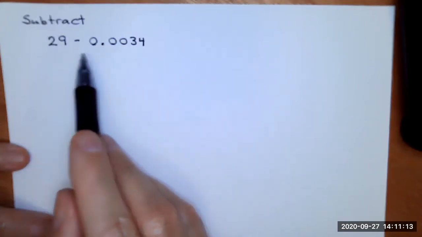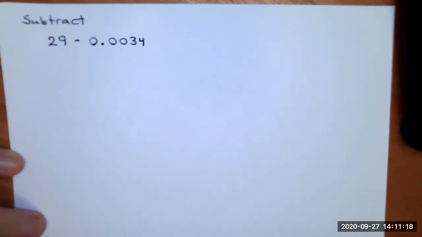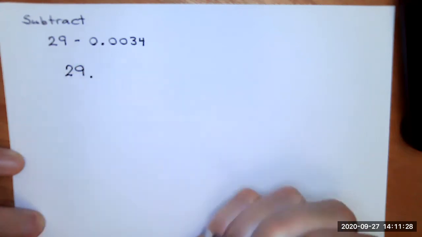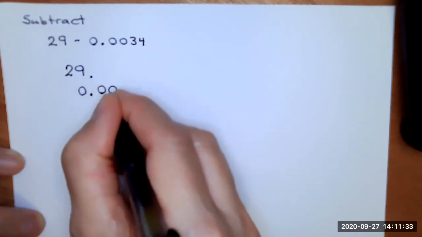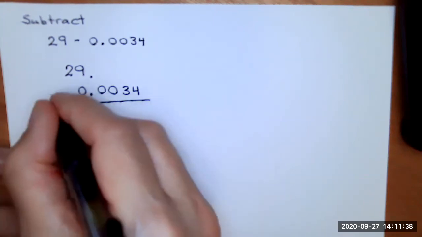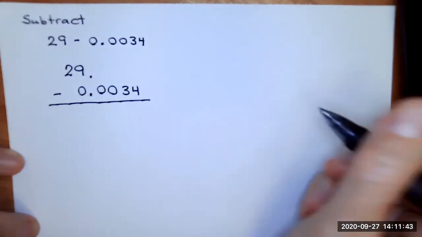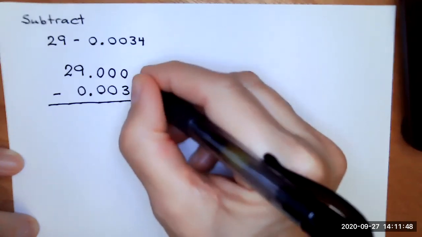All right, 29. Take away 0.0034. So this would be a good time to hit pause and try this one on your own. All right, so 29 is a whole number, so it has a dot at the end. We're going to take away 0.0034. So I have nothing to take it out of, so I'm going to fill in with zeros.